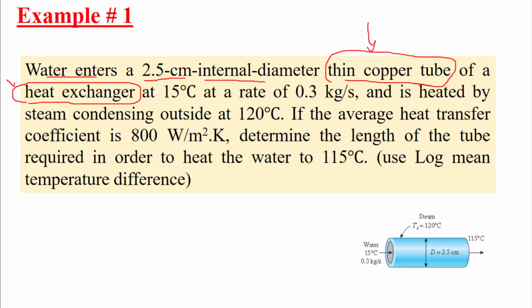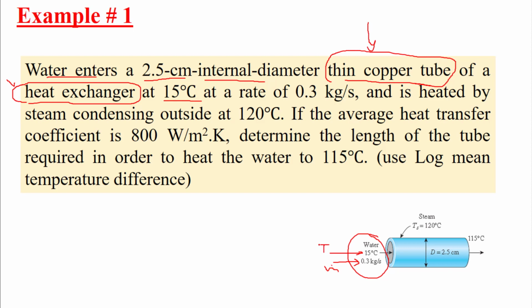So here we have water entering a 2.5 centimeter internal diameter thin-walled tube of a heat exchanger at 15 degrees Celsius. So this is the entering temperature, 15 degrees Celsius, at a rate of 0.3 kilogram per second. So this is m dot.